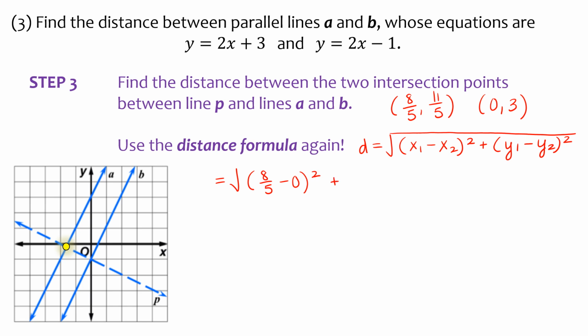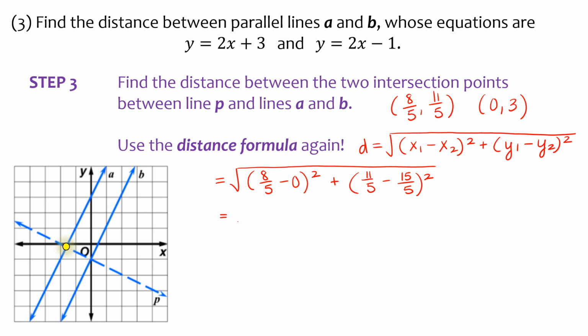And we have next our y's. So 11 fifths minus 3, the other y coordinate, but I'm going to write that as 15 fifths so that I can actually subtract those numbers. We're squaring that difference and taking the square root of all that.